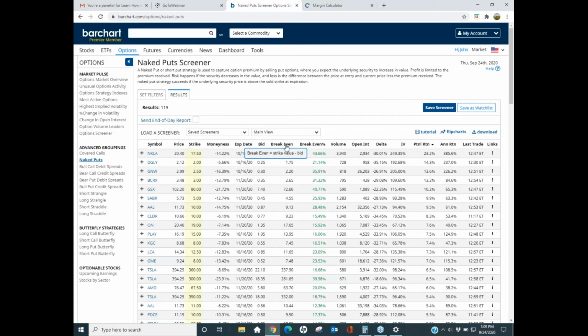But there are advanced strategies based on options, where we could have an account that is a margin account, right? This would depend upon your relationship with your broker and your account. Now, this is a little bit more of an advanced strategy, and what I want you to understand is that the screener here is going to assume that we're using a cash secured strategy.